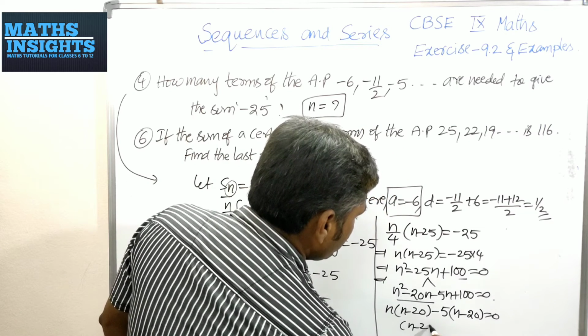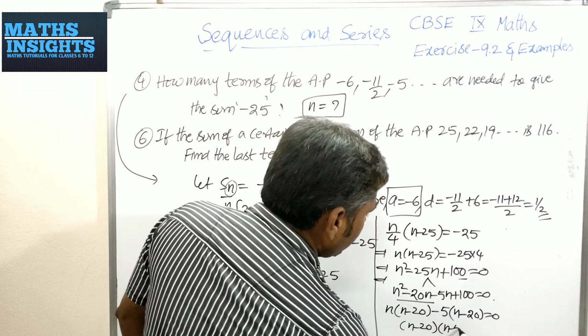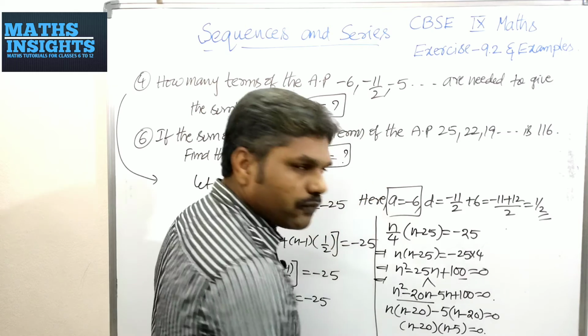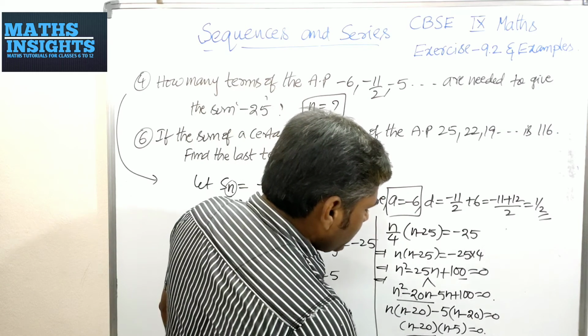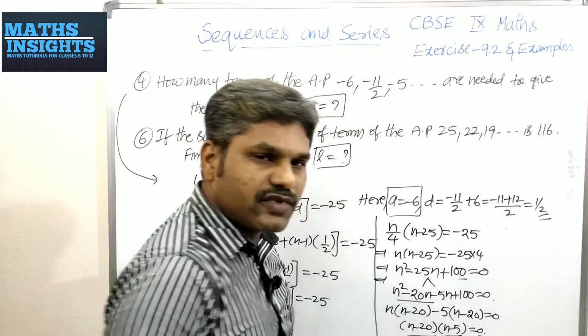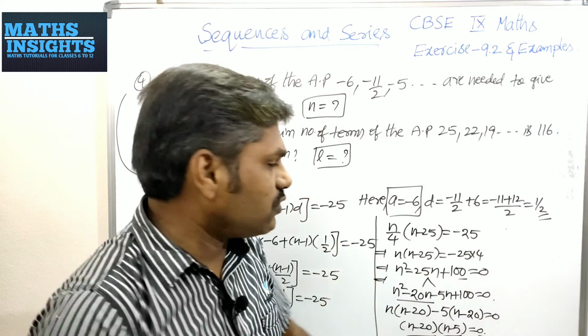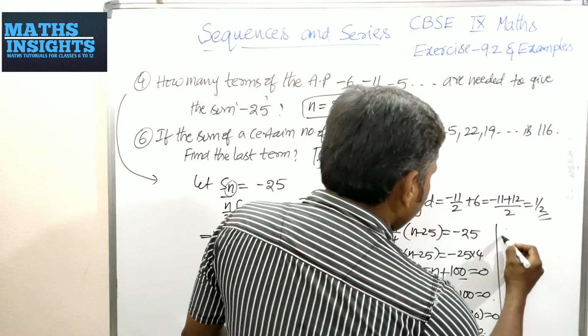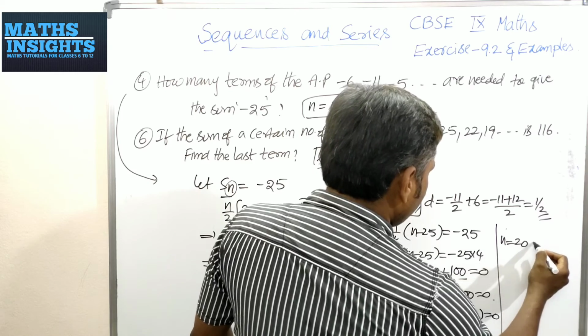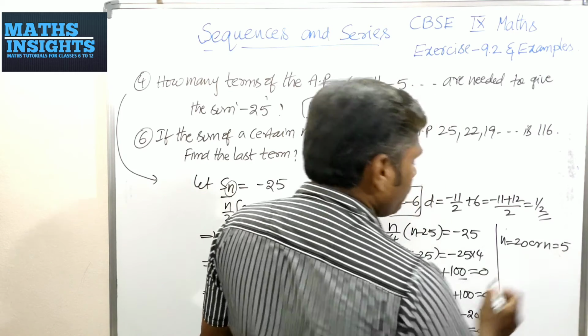Therefore n minus 20, if you take common, n minus 5 is equal to 0. If the product of any two terms is 0, either of them may be 0, therefore n is equal to 20 or n is equal to 5.